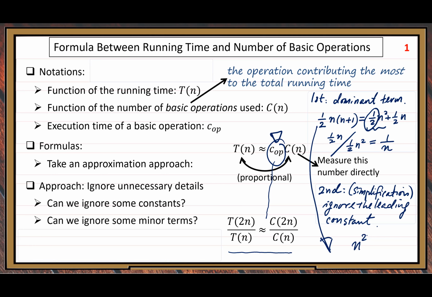Drop that 1/2. From this name, we want to see how fast it grows.